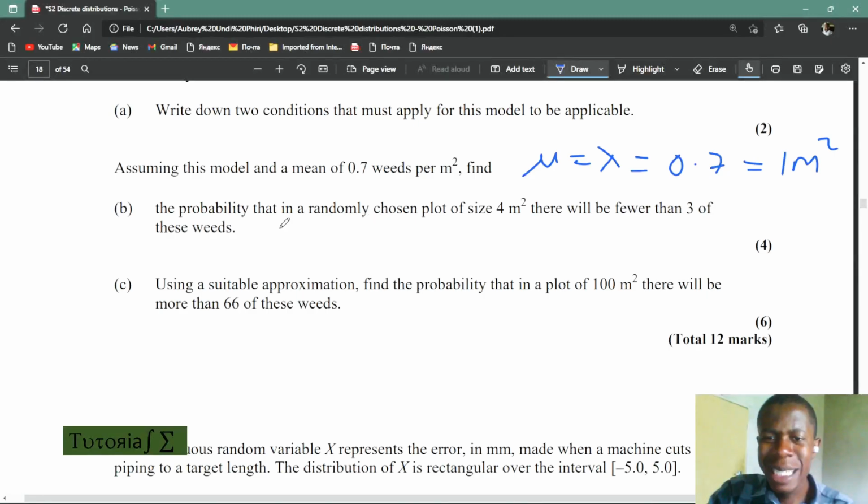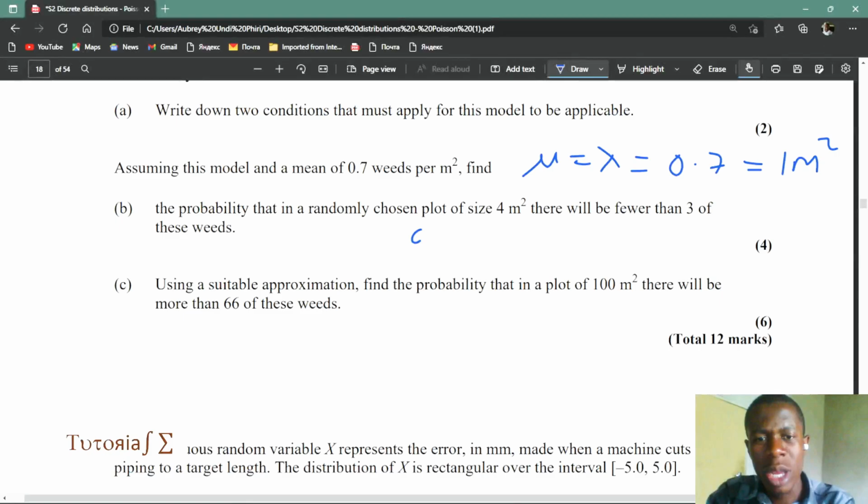So for the probability that in a randomly chosen plot of 4 meters squared, we need to find the mean in 4 meters squared. So what would be the mean in 4 meters squared? We just need to make an approximation.